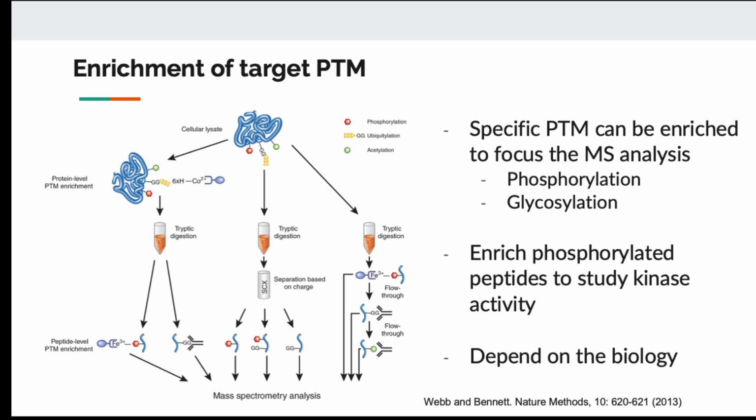You have to enrich for certain PTMs. And because different PTMs have different chemical properties, people have developed different assays, different columns, and different techniques to enrich different types of PTMs. So this is also something that you have to decide before running the mass spectrometer: to isolate or enrich certain PTMs beforehand.